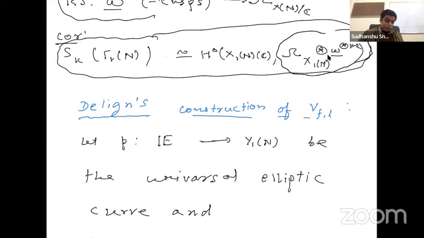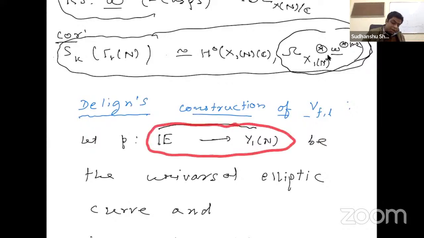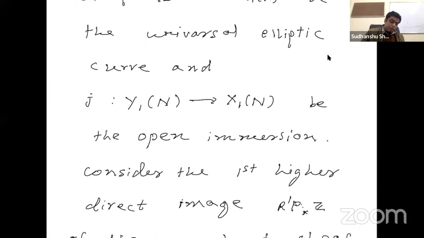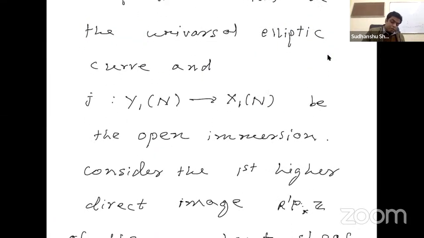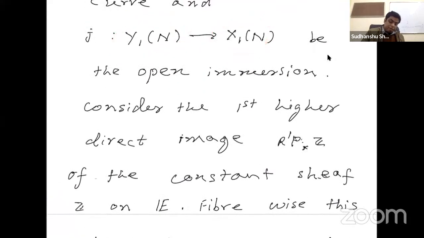Now let me come to the construction of the representation itself. Recall we had this universal elliptic curve E over Y1(N), and we also have this embedding. X_1(N) is a compactification of Y1(N), so we have this open immersion. What one can do is look at the first higher direct image.